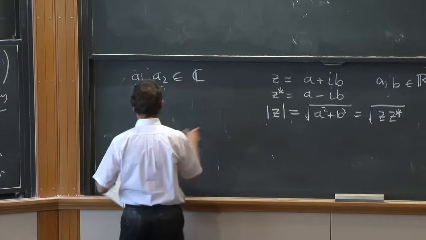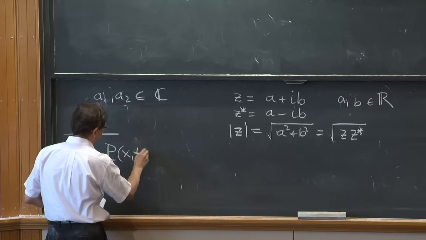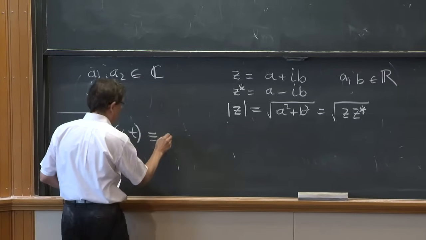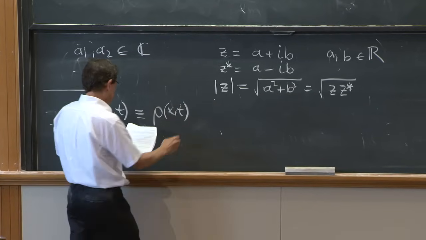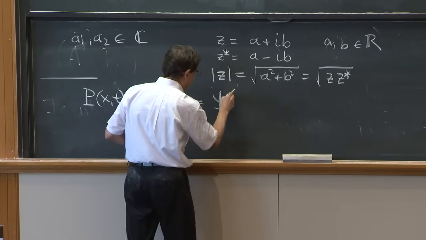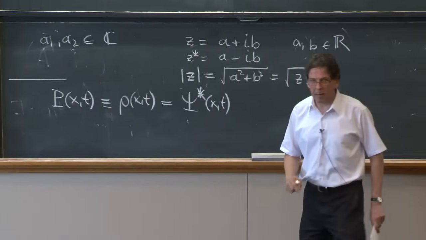We construct a p of x and t, or sometimes called rho of x and t, as a density, and it's defined as psi star of x and t.